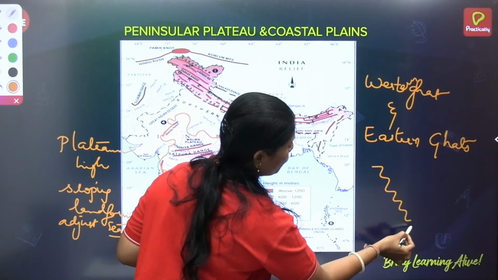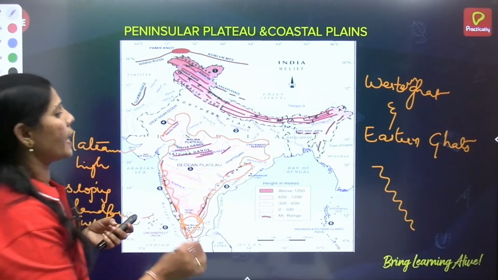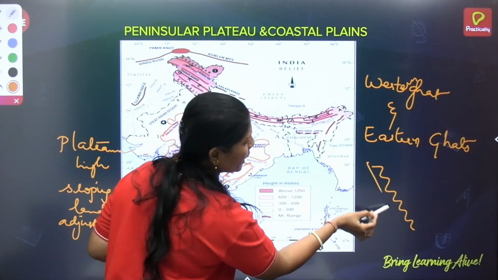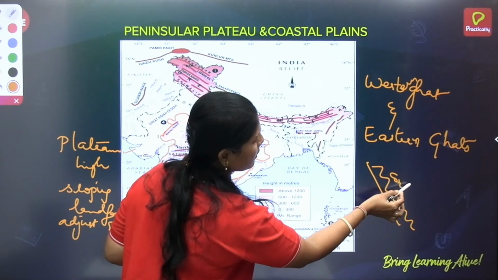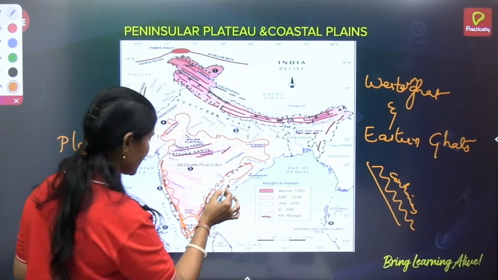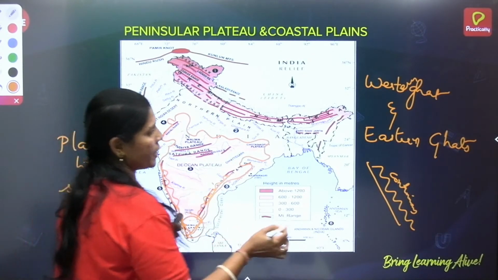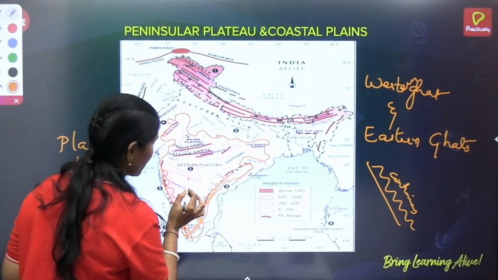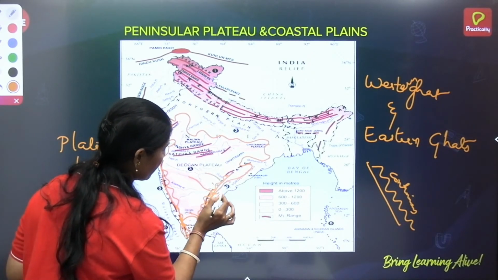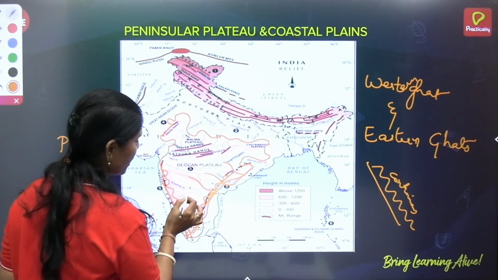And one important feature you need to note is that the Western Ghats are continuous, whereas the Eastern Ghats are not continuous, they are divided by some of the rivers which flow here, like Godavari, Mahanadi and Krishna.